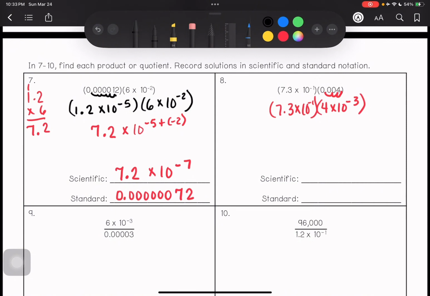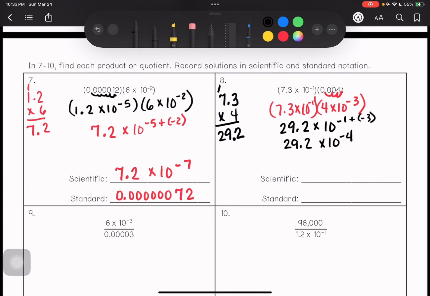Now I'm going to multiply 7 and 3 tenths times 4. This is 12, carry a 1. 28, 29. Have one decimal place. It says 29 and 2 tenths times 10 to the same base. Add the exponents. So it gives me 29 and 2 tenths times 10 to the negative 4.